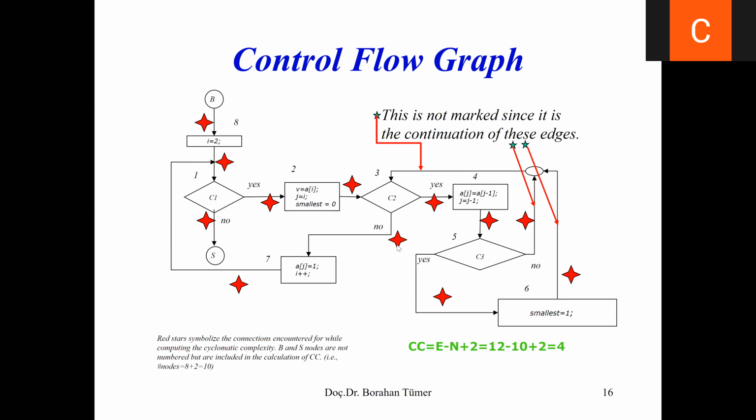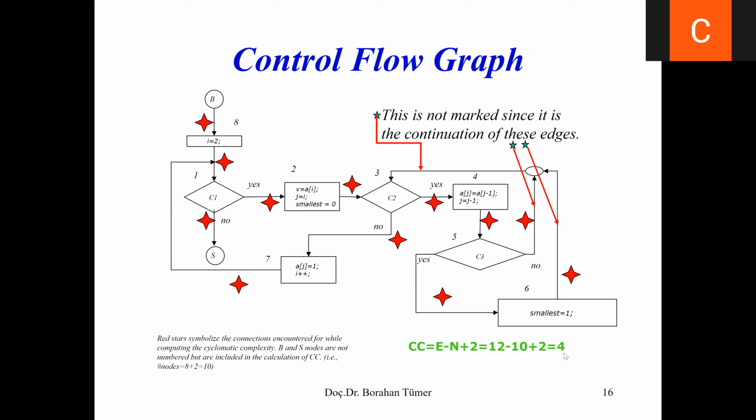Did I miss something? 1, 2, 3. This is the 12th one. 1, 2, 3, 4, 5, 6, 7, 8, 9, 10, 11, and this is 12. I actually marked them using these red stars here. So 12 plus 2 minus 10 gives us 4.